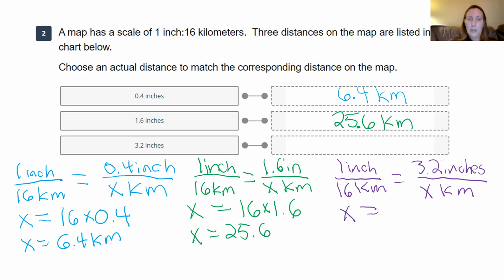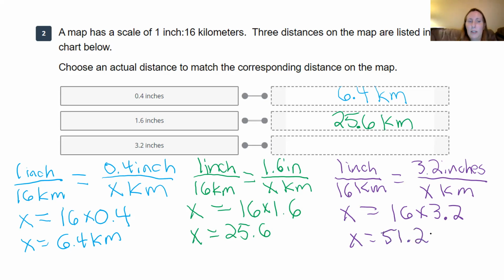And then 16 times 3.2 will give you your answer. Okay, and 16 times 3.2 ends up to be 51.2.